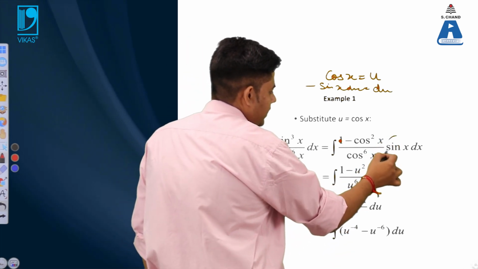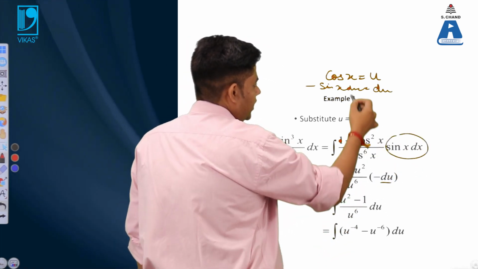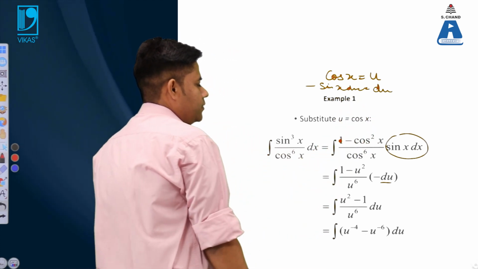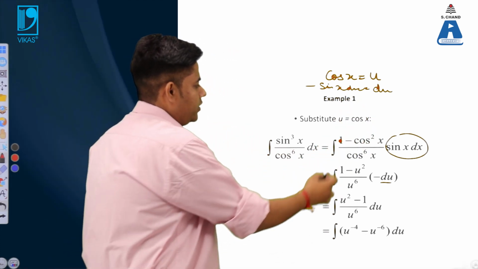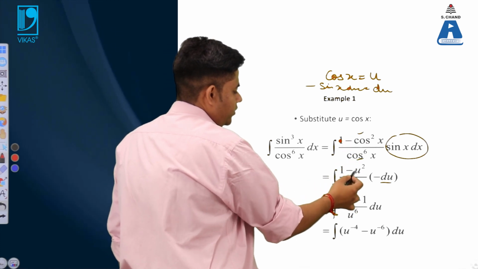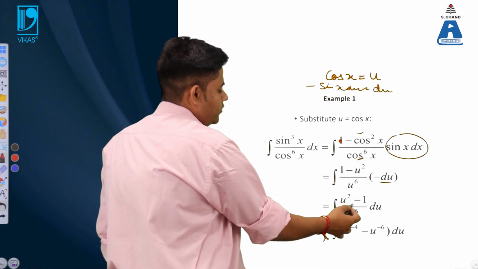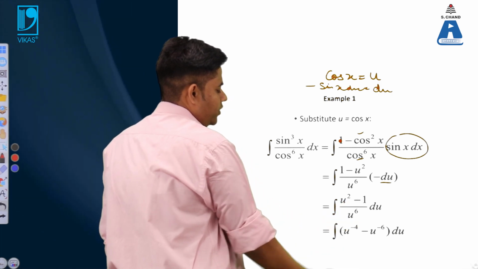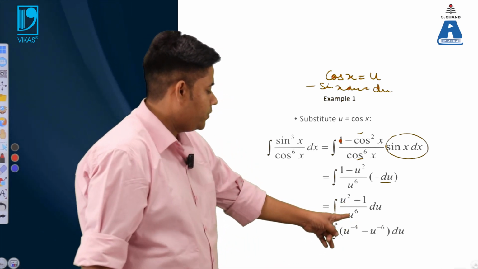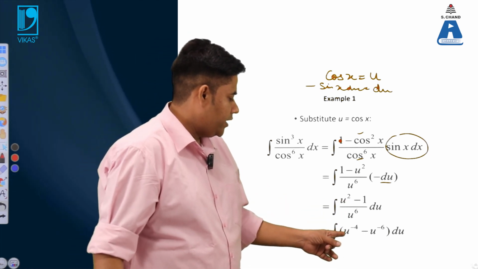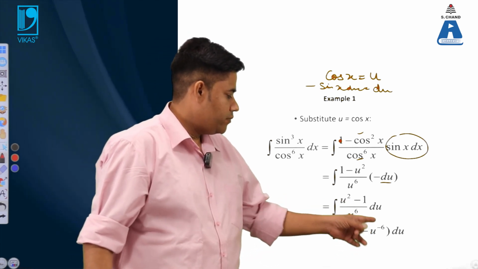So sin x dx would be minus du, and in terms of cos x we substitute u. The minus is multiplied through, so you will get u square minus 1 over u raised to the power 6, and u raised to the power 6 is divided individually into these elements. We will get u raised to the power minus 4 and u raised to the power minus 6.